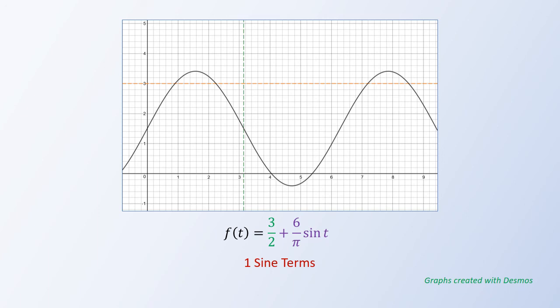But what I want you to notice is that I've drawn a horizontal orange line right there at y equals 3, and I've drawn a vertical line, that green line that's going up at a little more than 3. In fact, that's actually at pi. So that's the bounding box of our square wave.